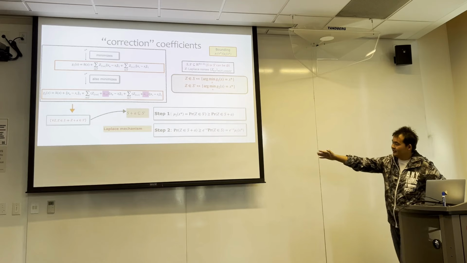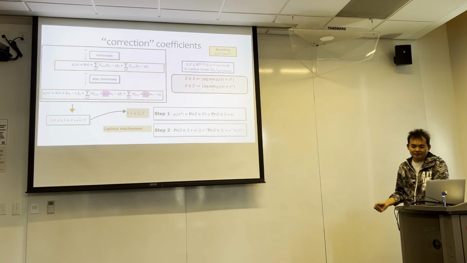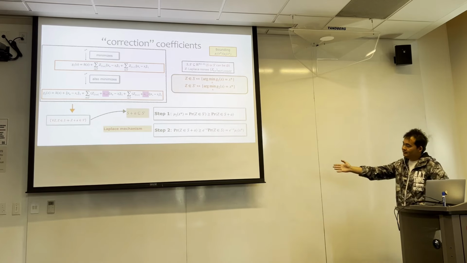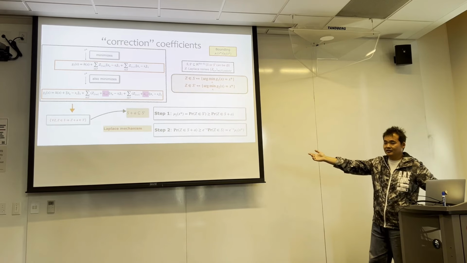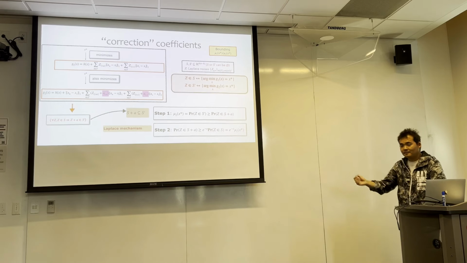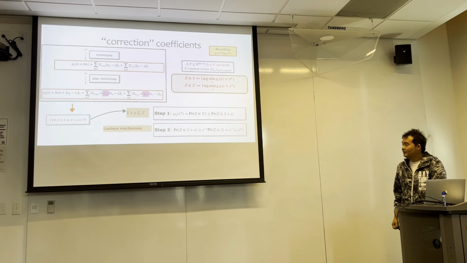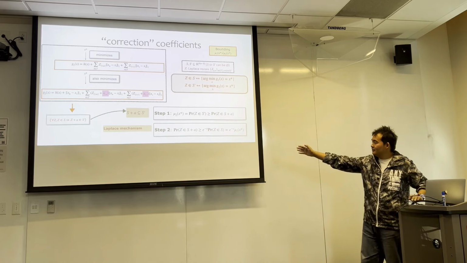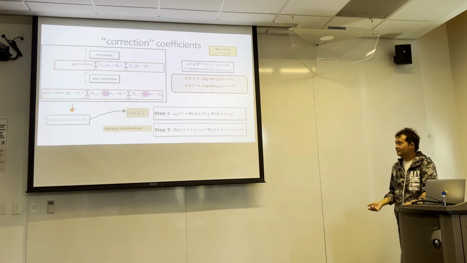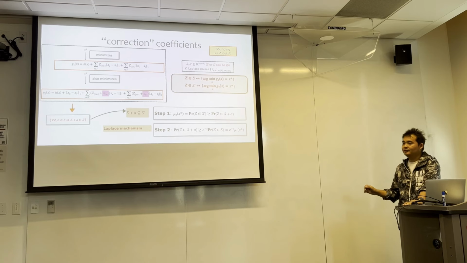If A has a bounded L1 norm, then by the Laplace mechanism we have this inequality, where epsilon is decided by the scale and the L1 norm of the vector A. And again, by definition, the probability of Z in S is just mu1 of X star, the probability that the algorithm on G1 outputs X star, because the randomness of the algorithm entirely comes from the randomness of the noise.